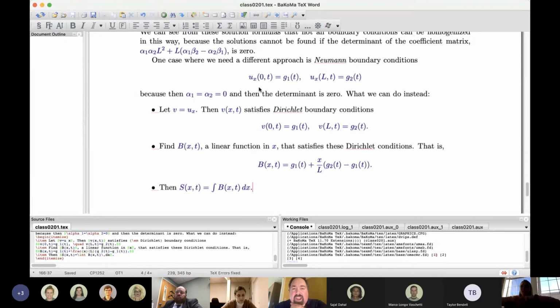We can find a quadratic function that satisfies these conditions because its derivative is a linear function that would satisfy these. So that's how we handle that case. Here we have various ways of transforming boundary conditions into homogeneous ones, which allows us to use separation of variables and related techniques to solve the new initial boundary value problem.